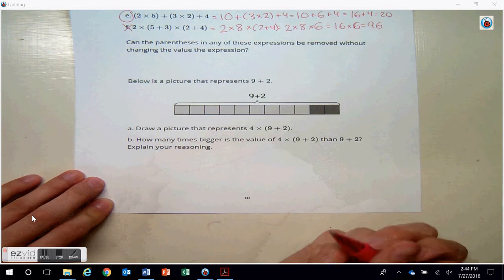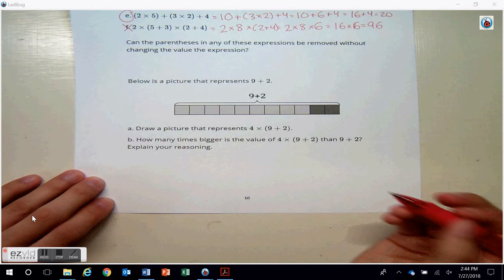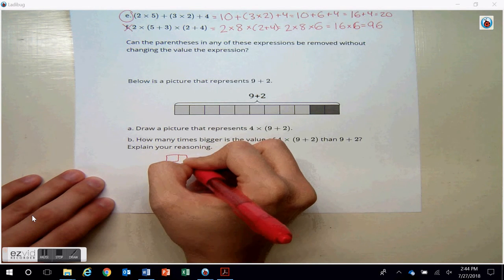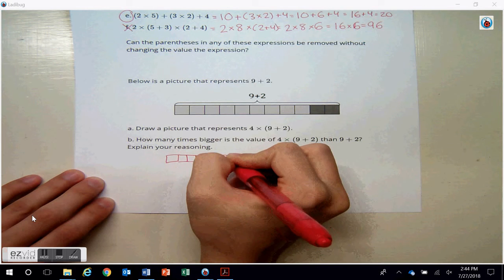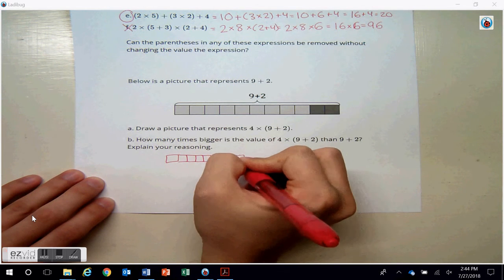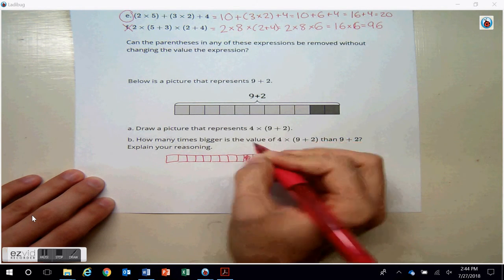So I'm going to make 4 groups of that same thing. Let's draw it out. 1, 2, 3, 4, 5, 6, 7, 8, 9, plus those 2. There's 1 group.